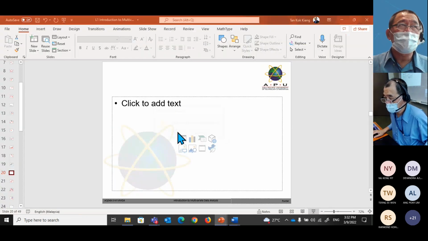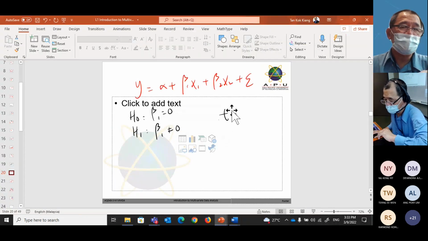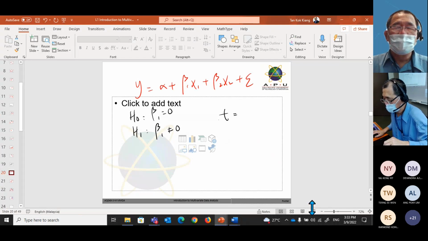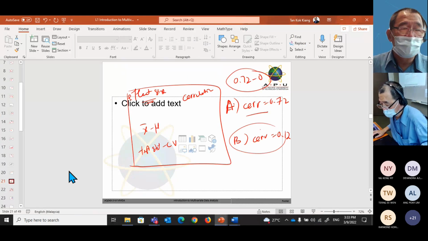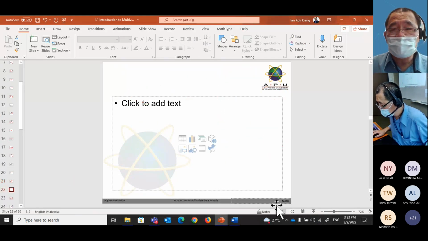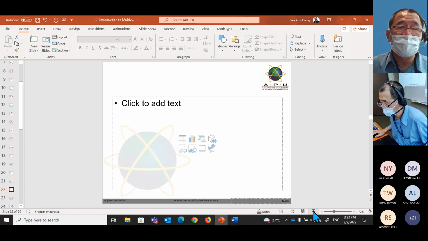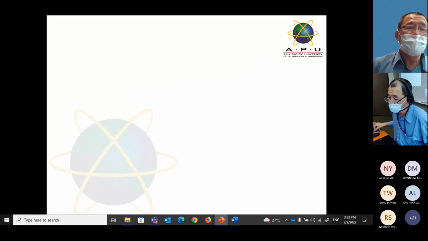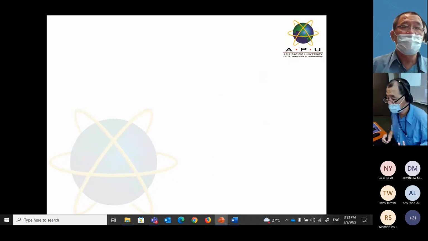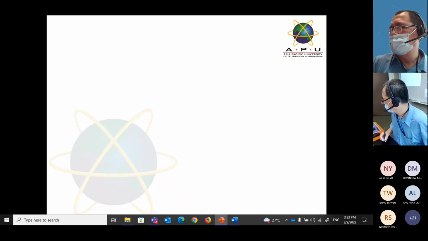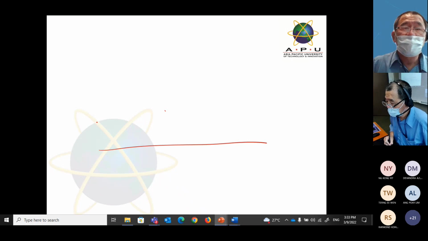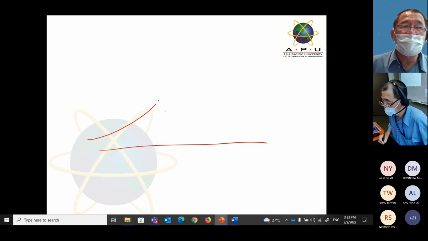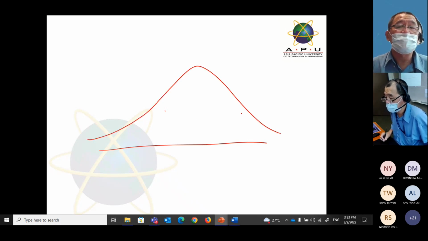The main difference is that the T is basically for the small sample property. The good point is that both have a similar curve like this.